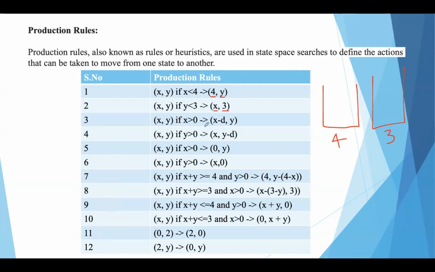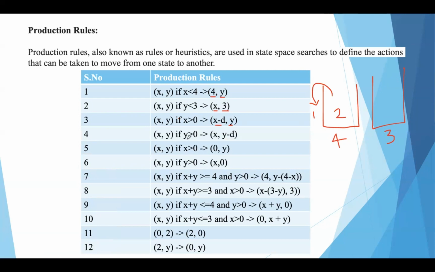The third rule is if x is greater than 0, then x minus d comma y. That means if x has 2 liters of water, for example, then you pour some water, say 1 liter, onto the ground. And there is no constraint on y.